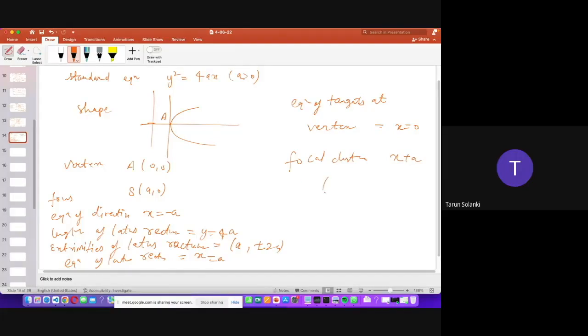Parametric coordinates will be at square comma 2at, and eccentricity is 1. So this was all related to the equation y square equals 4ax where a is greater than 0. Similarly, we will look at three more. So first write this down.